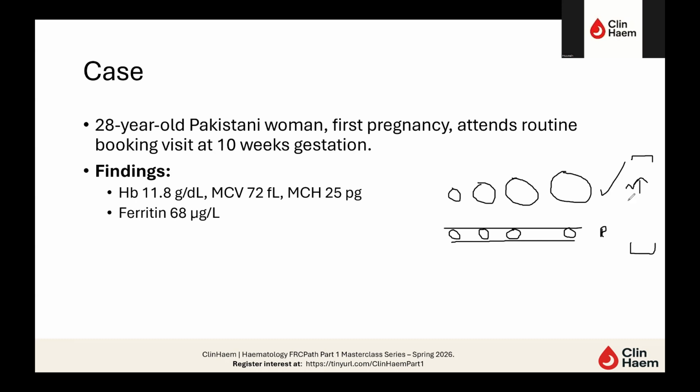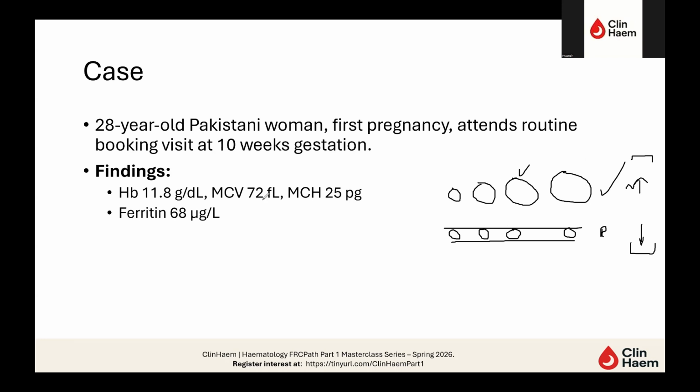In the bottom one, low, because they're very small. Maybe this is a normal size red cell and these are big and small. So mean cell volume, MCV, is the mean of all the cell volumes. RDW tells you the width or the range of the sizes. Mean cell volume tells you the mean. So the mean here would be low, but the mean here might be normal or even raised if there are lots of bigger cells.